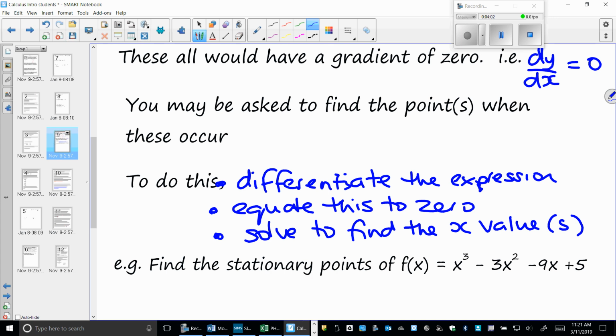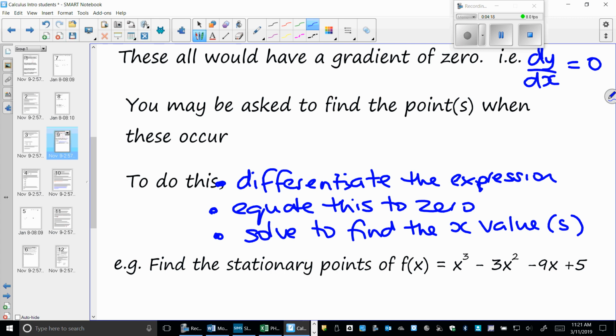So to find where stationary values, maximums or minimums occur, you differentiate, you equate this to 0, and then you solve to find the x value or values.